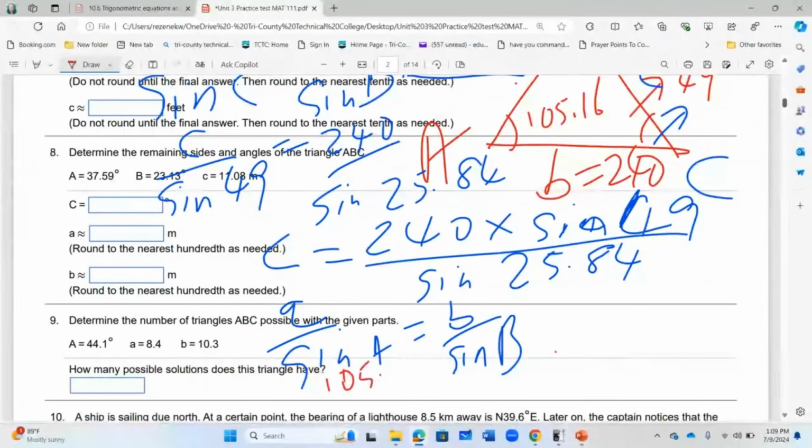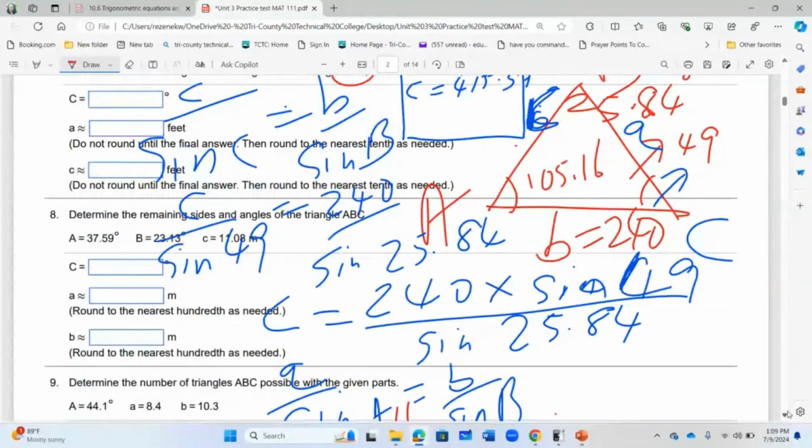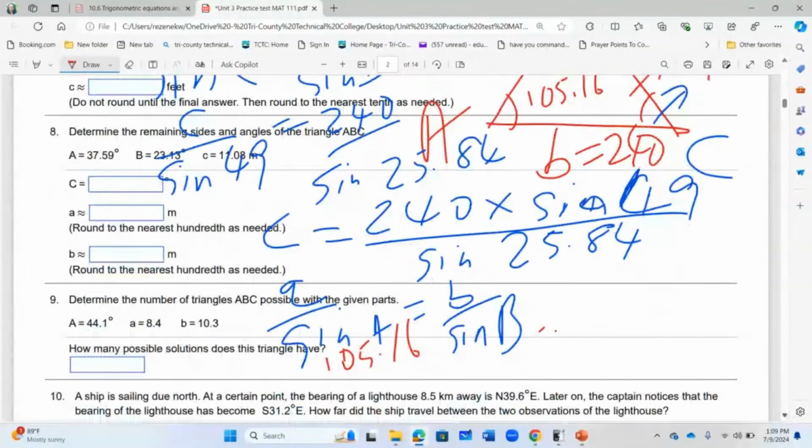105.16. And sine B is 25.84, and this is 240.